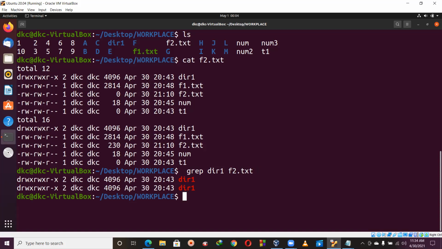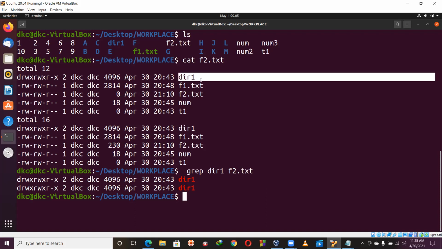Out of 11 lines, it shows only 2 lines because these 2 lines contain dir1. Got it, all of you? So in this way, you can search using the grep command. If you have doubts, you can mention them. Okay, no problem. Next one, grep is done.